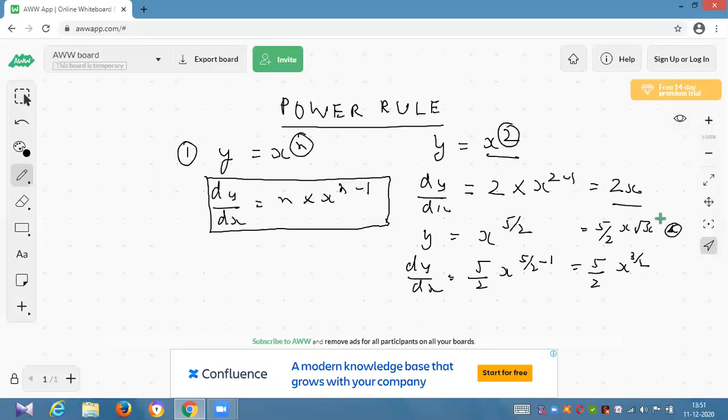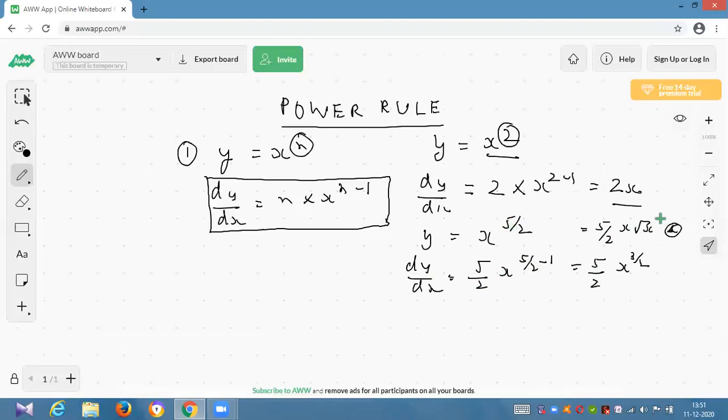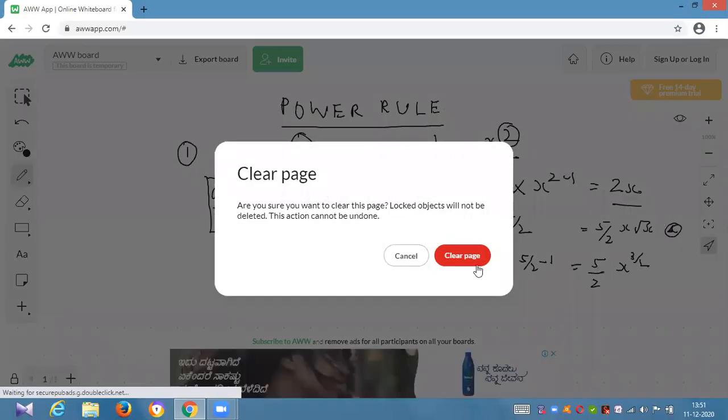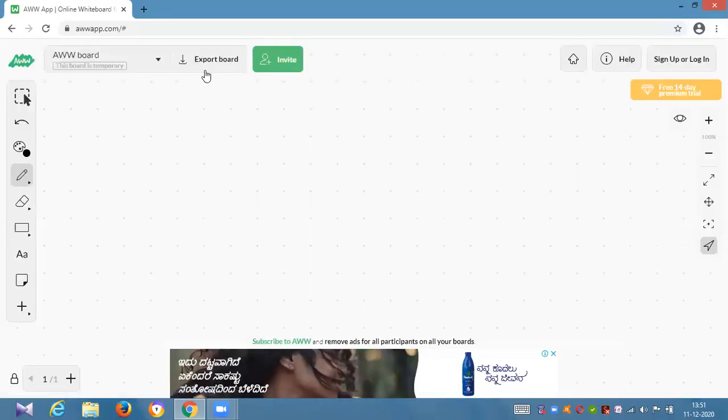Now we are going to discuss the other very important rule used in differentiation, that is called product rule. As you all know, product means multiplication. So product rule deals with the rule of differentiation if two functions are multiplied.